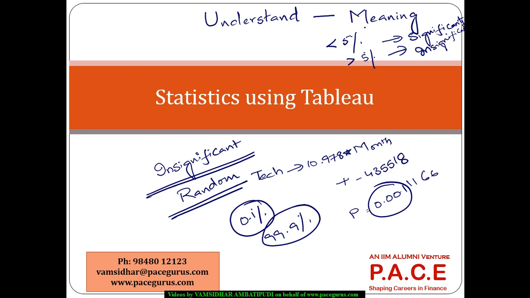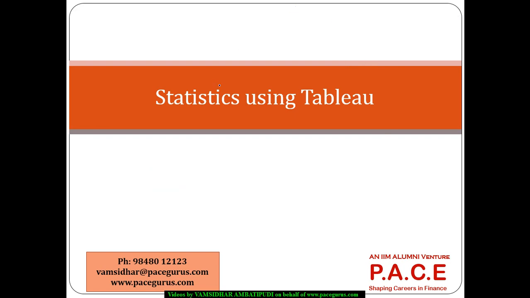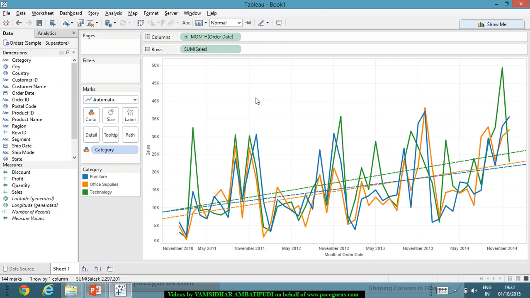So just by looking at the p-value, I can say whether our trend line is significant or insignificant.